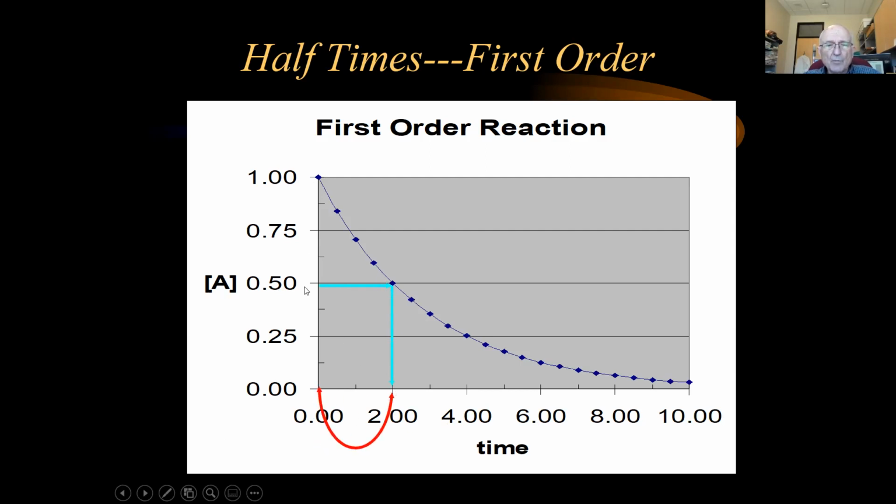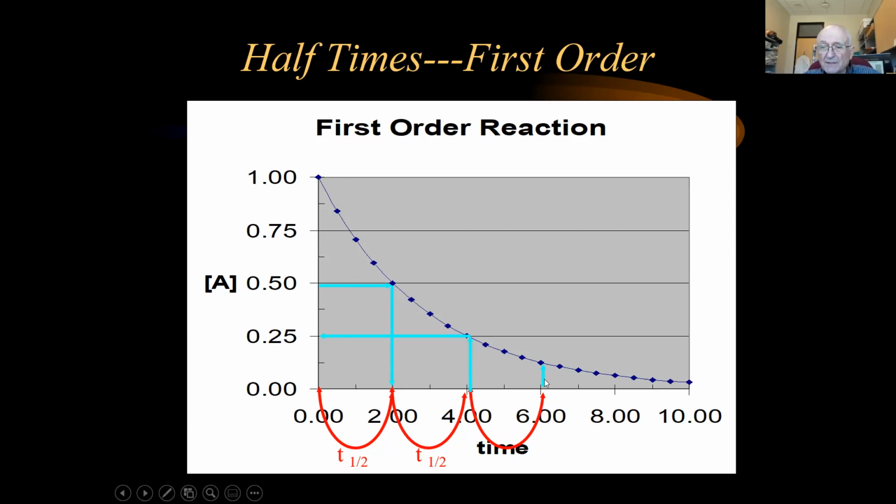Now, if I go from 0.5 to 0.25, it will take the same amount of time that it took in the first halftime. So each halftime is constant. It takes 2 minutes to go from 100% to 50%. It takes 2 minutes more to go from 50% to 25%.